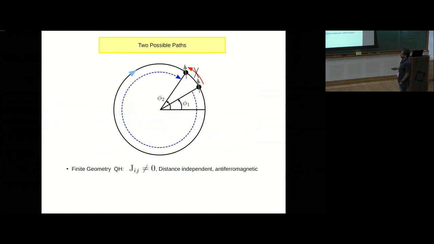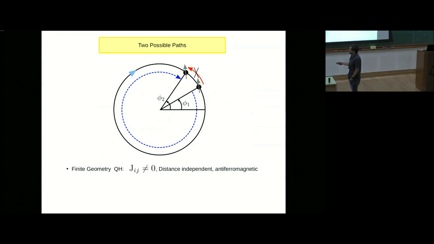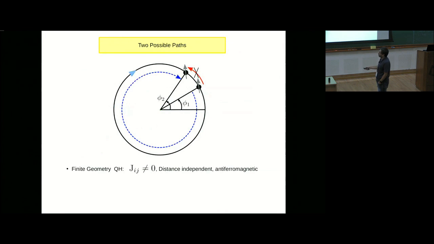So the summary, for what I was showing for quantum spin Hall: if you do it for quantum Hall, you get all the diagonal components non-zero and with the same values. So for quantum Hall or quantum spin Hall, whatever was 0 before is not 0 anymore, is distance independent, and in these cases I see antiferromagnetic coupling.